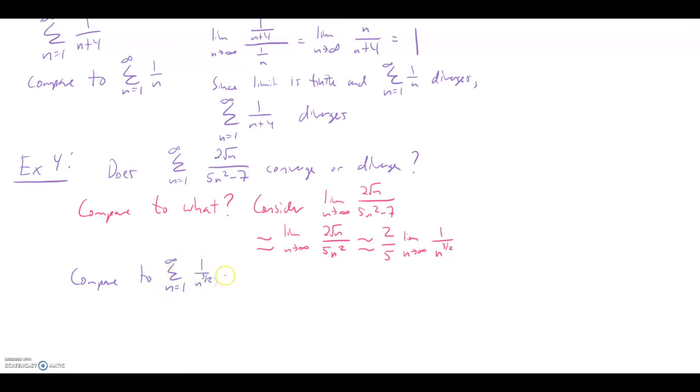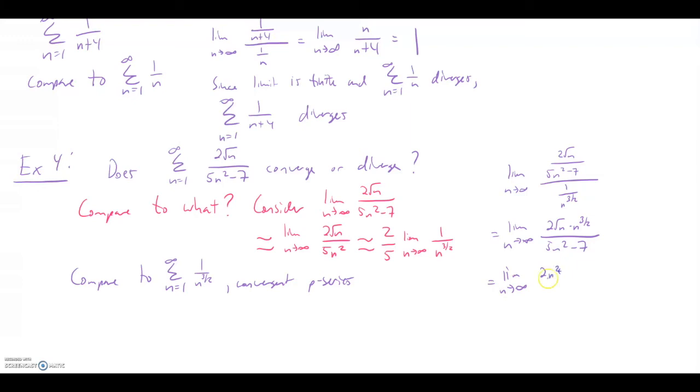And this comparison will be helpful because this is a convergent p-series. P in this case is greater than 1. So we will evaluate the limit as n approaches infinity for 2 square root of n over 5n squared minus 7 all over 1 over n to the 3/2 power. Flipping the bottom fraction and multiplying will yield 2 square root of n times n to the 3/2 power over 5n squared minus 7, which will become 2n squared over 5n squared minus 7.